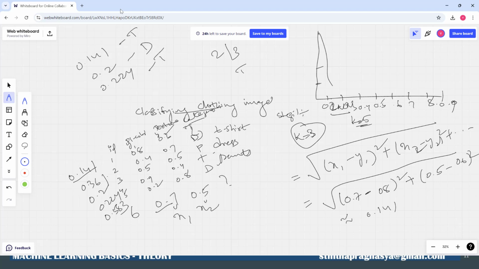On this side as well, we have 0.8, 0.6, 0.4, 0.2. Okay, now let's put our points on this graph.